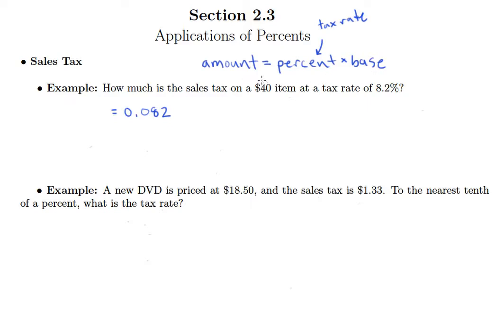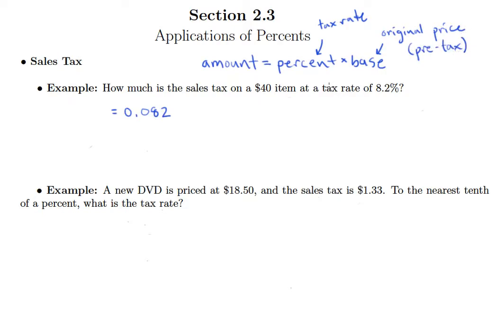Remember previously we said that the base you can think of as the original, what you had originally. In the case of taxes, the word original really applies to the original price before tax. So the base will be the original price, pre-tax.